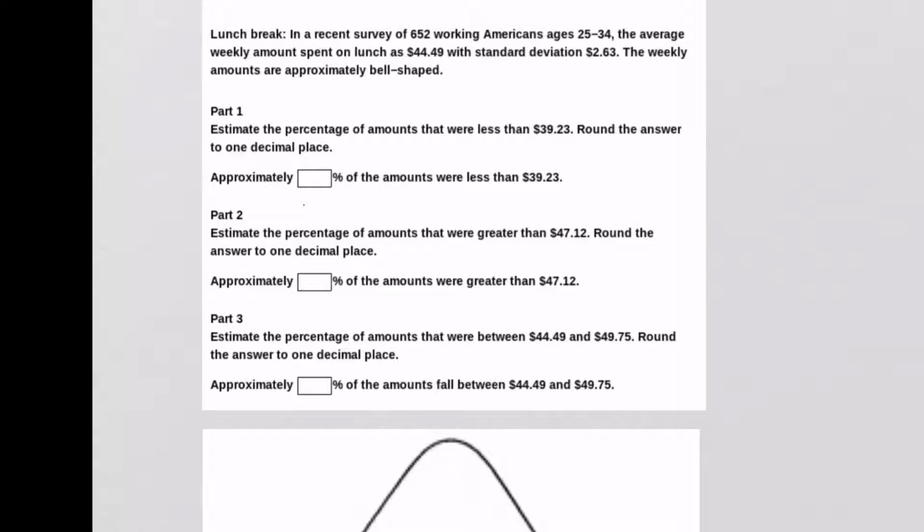So I start with the mean and the standard deviation, and I have a bell-shaped distribution down here at the bottom, so I'm going to pull that up, and here we go. And so I can fill in the amounts along the horizontal axis. We start with the middle, $44.49.